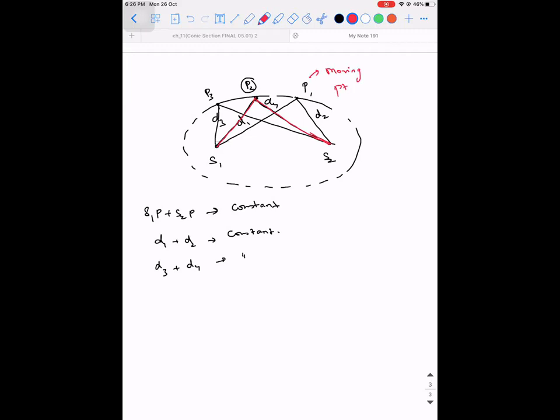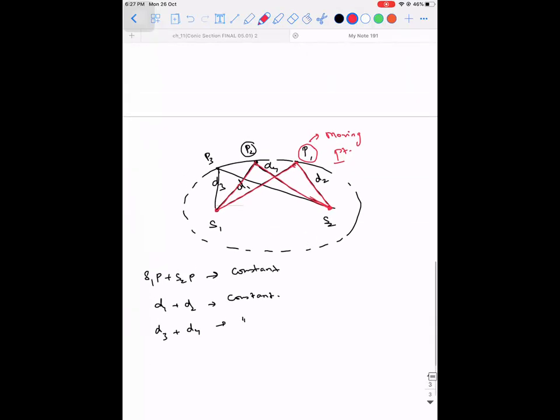S1 and S2 are fixed, they are not moving. Whereas if I take a point P which is moving in such a way that it follows this condition, what condition should it follow? From the point P, if you join to those fixed points, you will get two distances. If you add those two distances, and every time the sum of those two distances comes out as a constant, then that moving point is definitely moving in the shape of an ellipse. Okay, sir. Understood, sir. Okay.